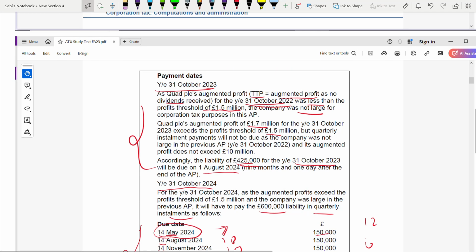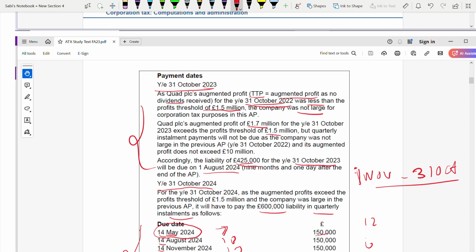See, it's year ended 31st October. That means from 1st November to 31st October, this is the year, right? So from 1st November, you have to take 7 month.